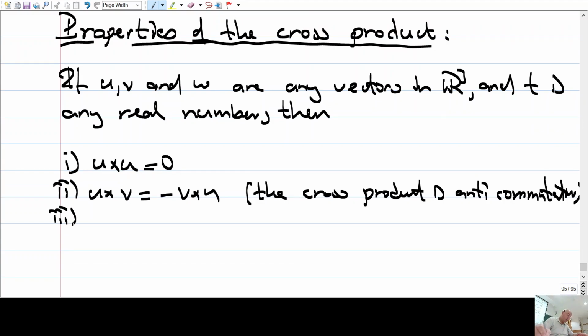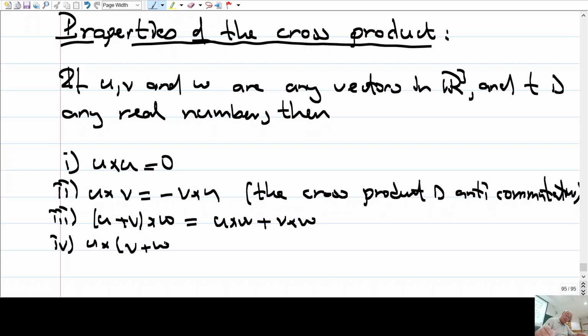Third one is the distributive law. u cross v plus w is u cross v plus u cross w. So it is distributive in both components.